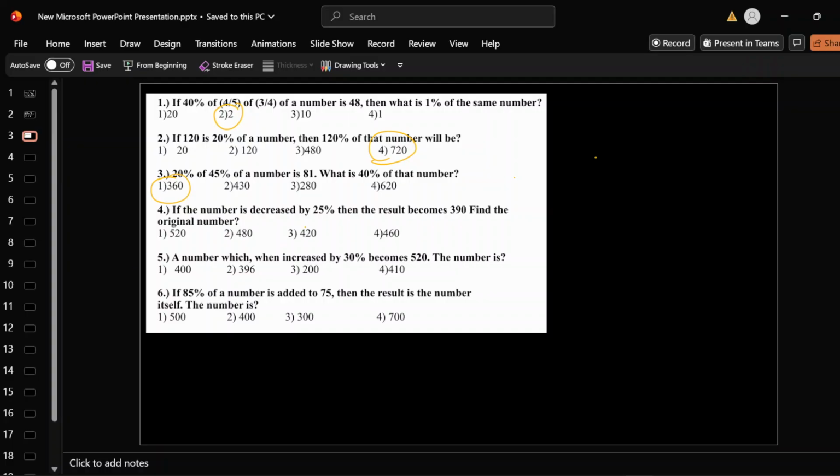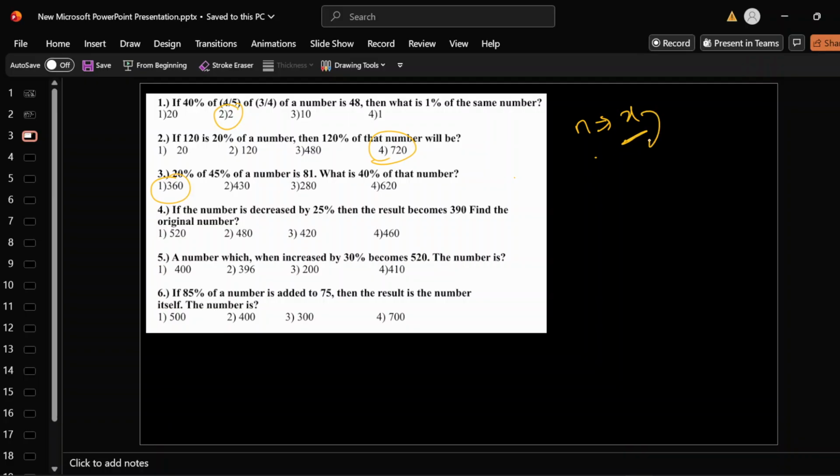Now, fourth question. If a number is decreased by 25%, then the result becomes 390. Find the original number. We don't know the number, so let us assume the number to be x. It is decreased by 25%.